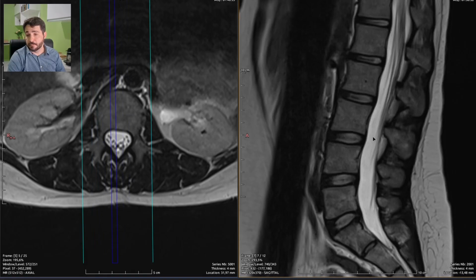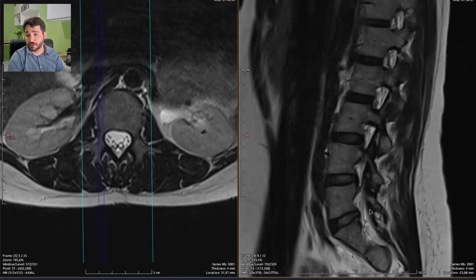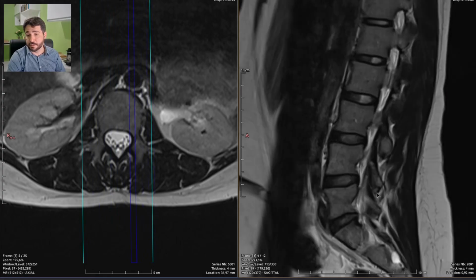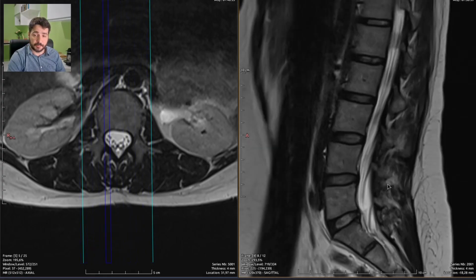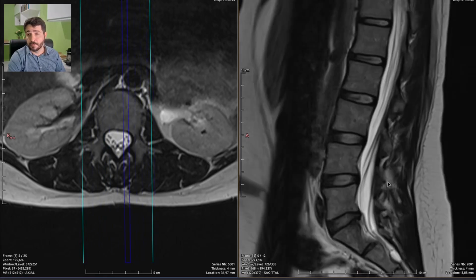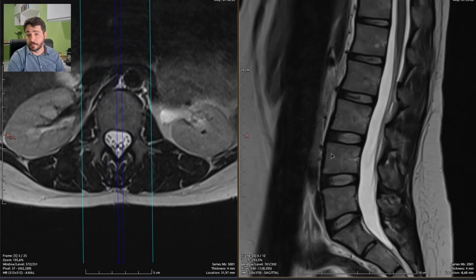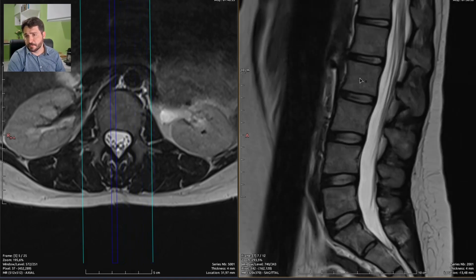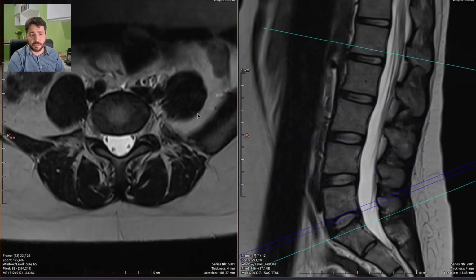There are no protrusions, no bulging discs whatsoever. There is no sign of a transitional vertebra. We could say there are some very mild osteophyte formation, but I wouldn't go that far. This is quite normal, so let's keep it normal.